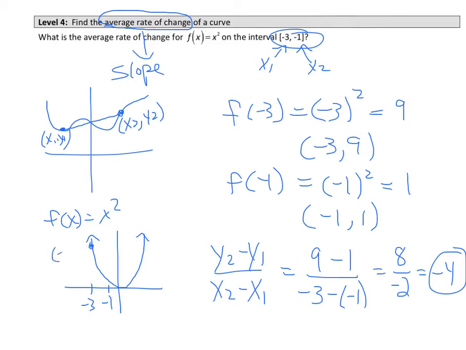This would be the point -3, 9. This would be the point -1, 1. And we're finding the slope of the straight line between those 2 points, which we call a secant line. And that does look like it would have about a slope of -4. So our answer for the average rate of change is -4.